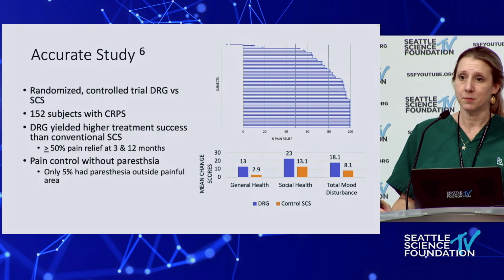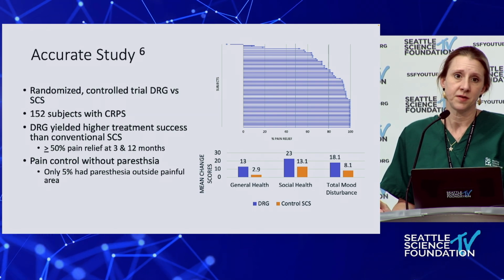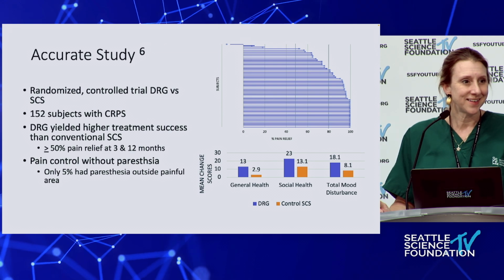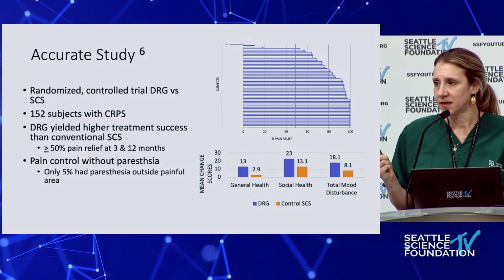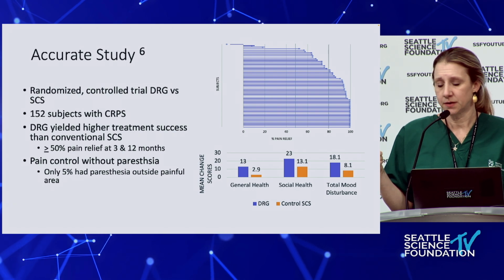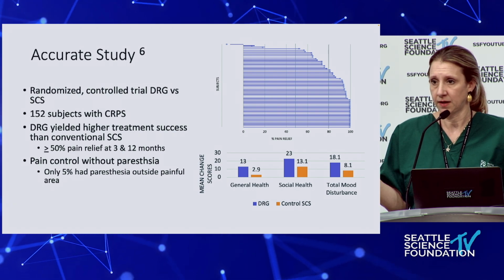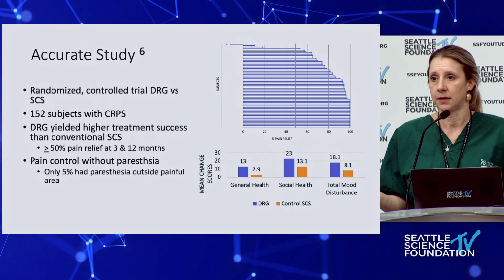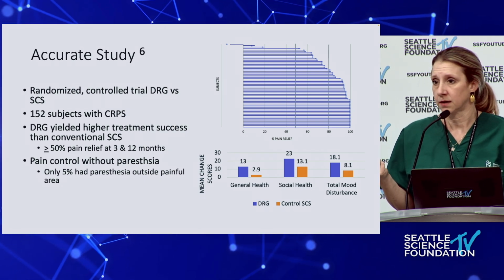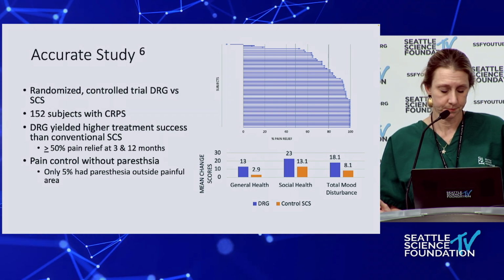It's always a primary endpoint of 50% or more reduction in VRS. There's always ODI and some quality of life indicators. But one of the things that stands out with DRG is there has been a little bit more attention to mood disturbance. And so they've pointed out that there is also an associated reduction in emotional complaints associated with chronic pain after this procedure.